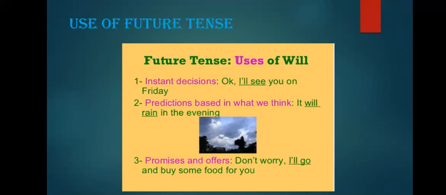Promises: if you are there to make certain kinds of promises or to offer something, you will use future tenses. Just like, don't worry, I'll go and buy some food for you. So it's basically an offer.